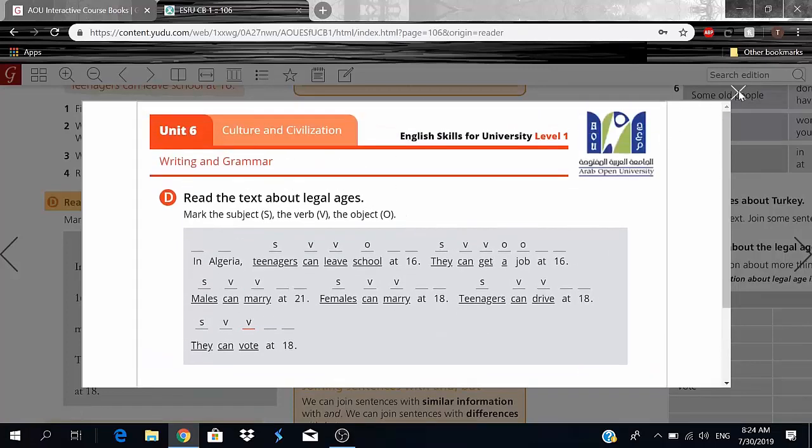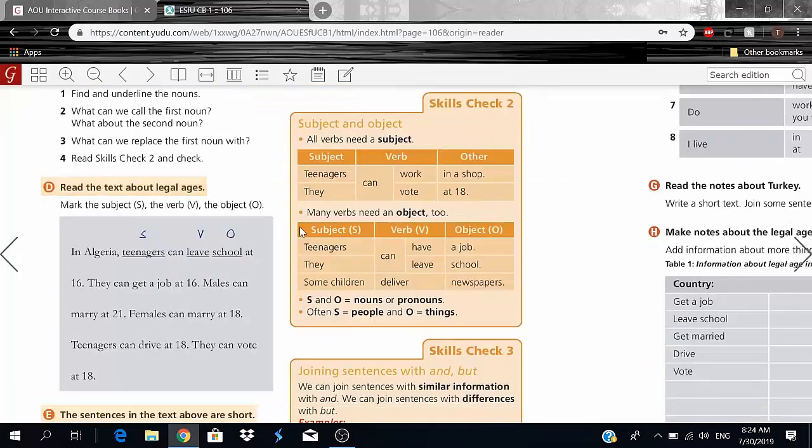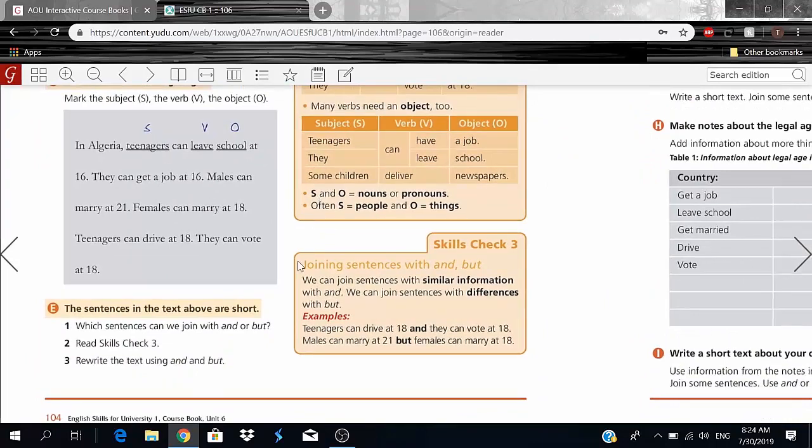So now let's go to exercise E here, and before we do that, let's actually read skills check 3 because it's related. So joining sentences with and or but. So we can join sentences with similar information, okay, with and. So we use the word and with similar information.